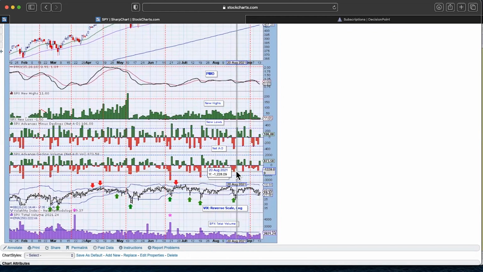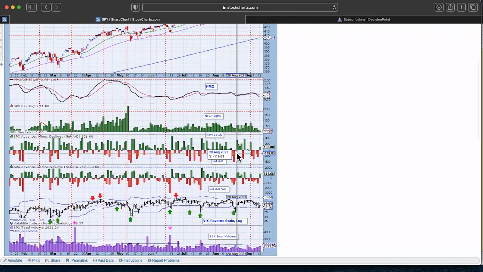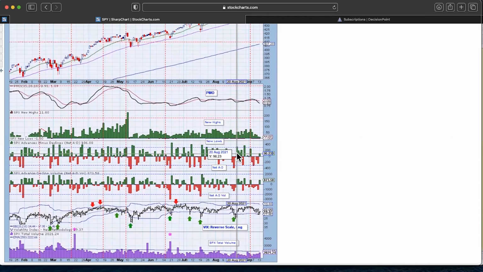Very important, breadth, net AD. We want to see those numbers also break out on the upside, or like in this case, to the downside. That tells us possible climax. Now we have to determine whether it is an upside or a downside. Well, it's downside if the numbers are red. It is an upside if the numbers are green.